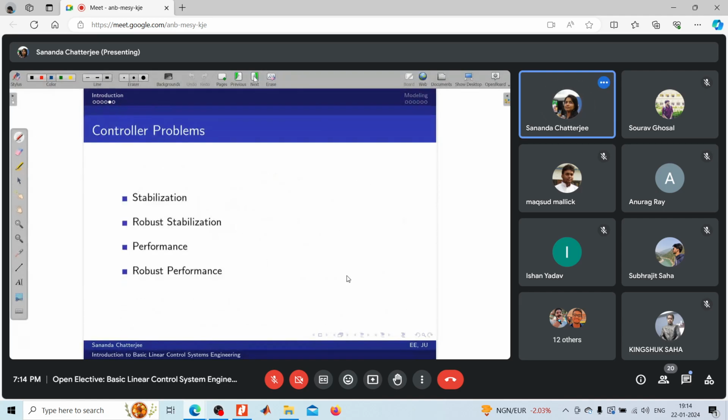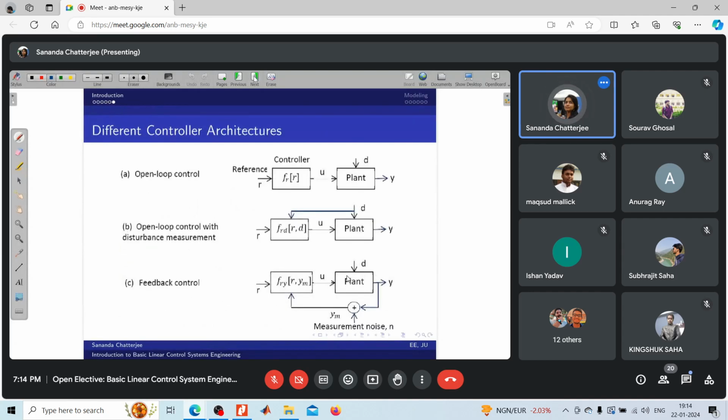So as we have discussed, most of the time the disturbance signal is not known. That is, the disturbance signal cannot be modeled as a whole.